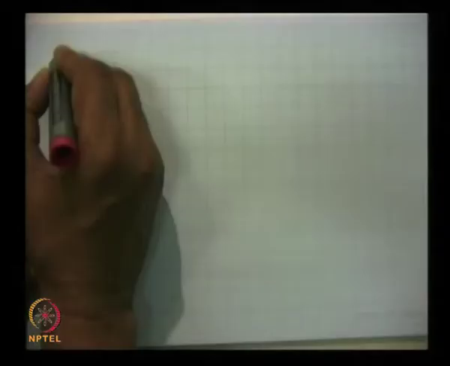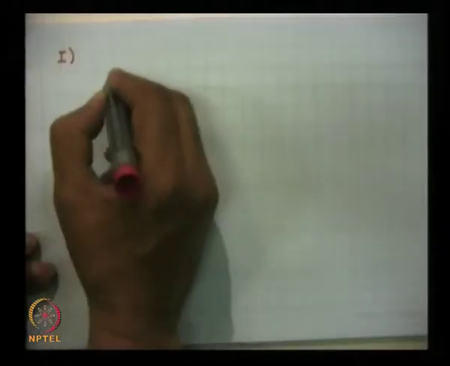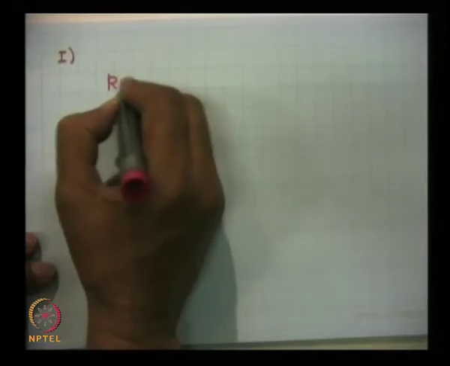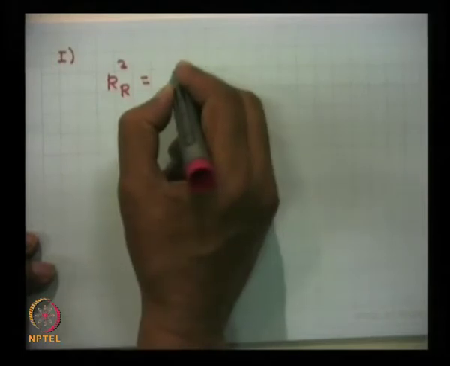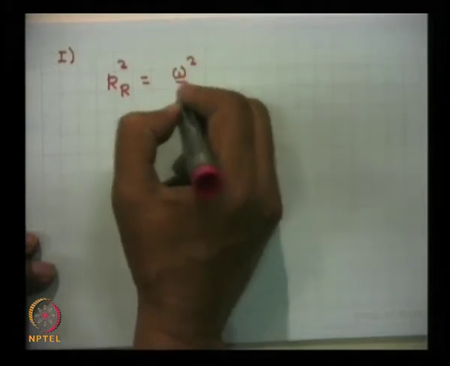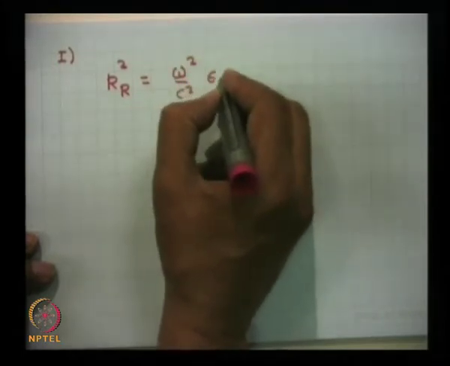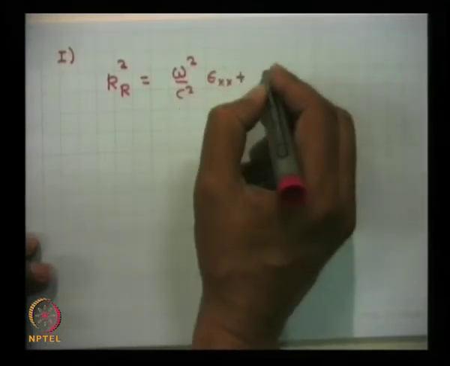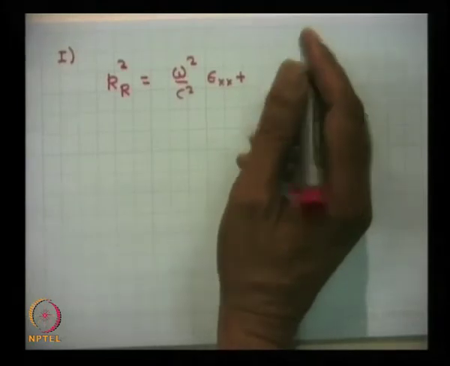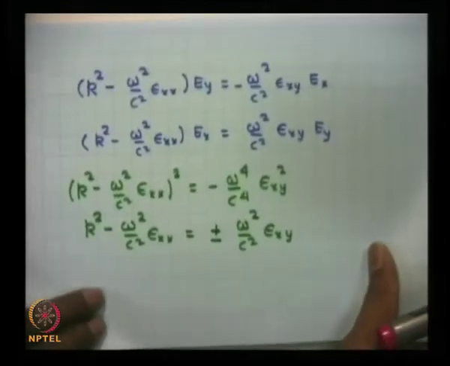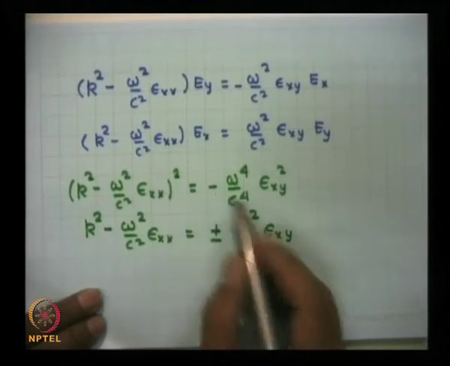So, let me write down the first case. When I choose k square as kr square, it turns out to be equal to omega square by c square epsilon xx plus, actually I forgot, when I took the square root, the minus square root gives you i.